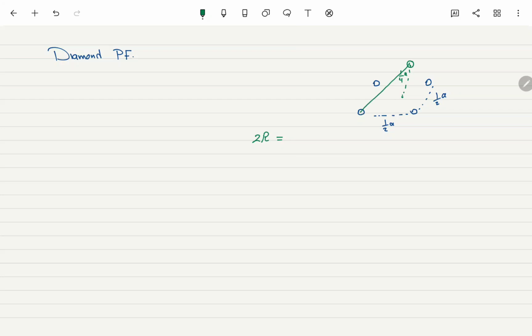Now the base of this triangle is this one here. Now if this is half A and this is half A, this will be, let's name it X here, equal to the square root of half A squared plus half A squared.